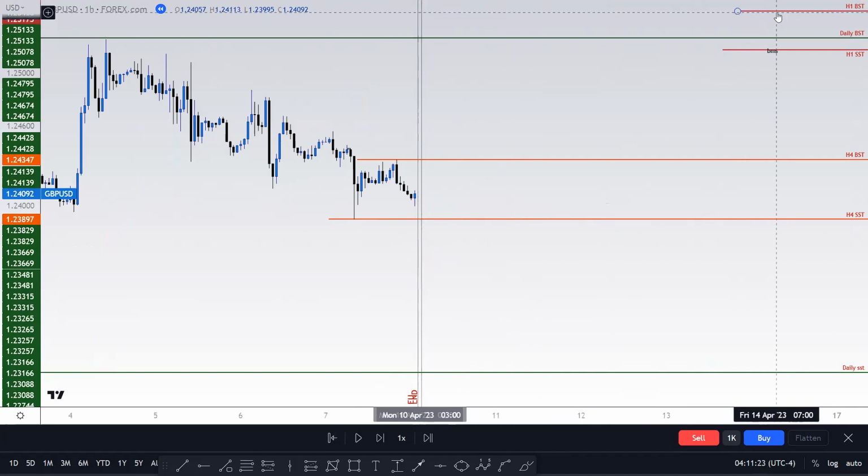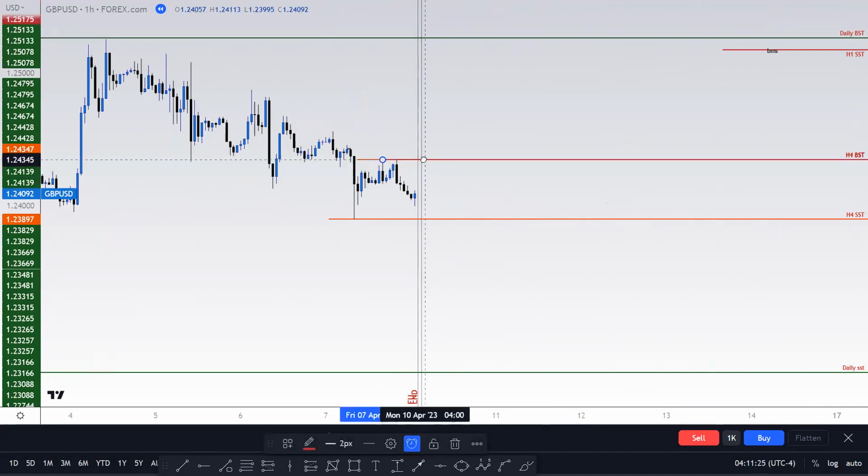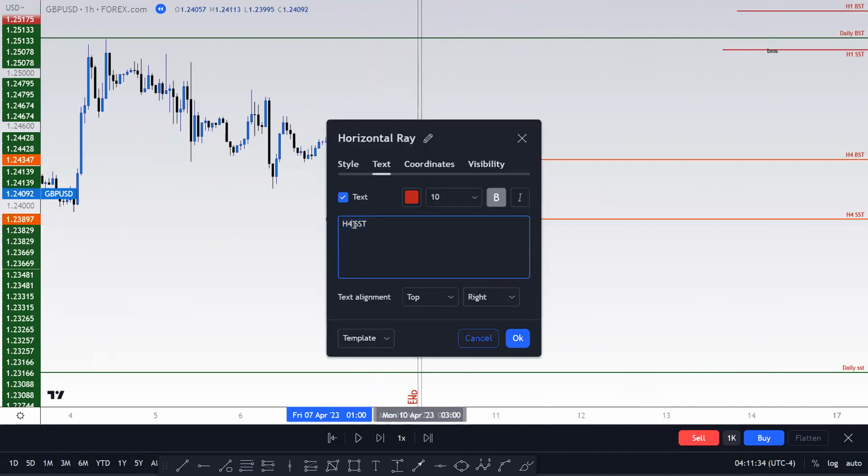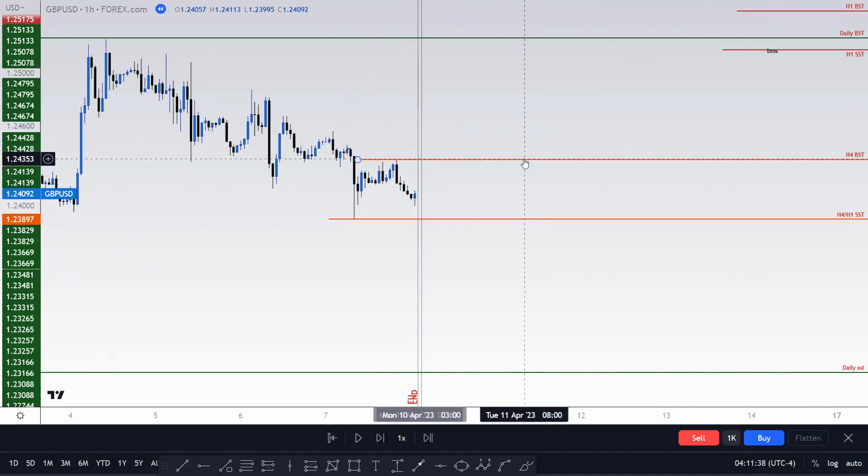H1 buy side was again pretty straightforward. The swing high was the same as the 4-hour, and the H1 sell side was also the same as the 4-hour. So these were the key levels prior to the open of the European session.